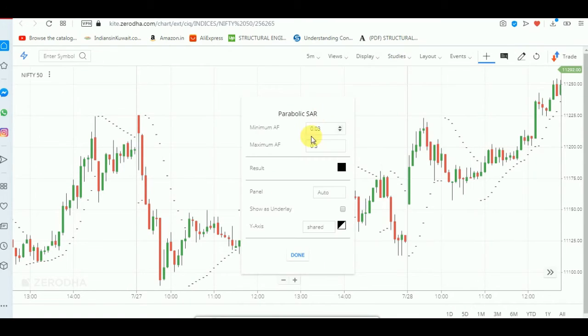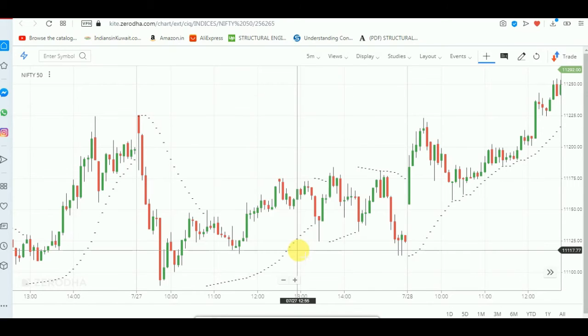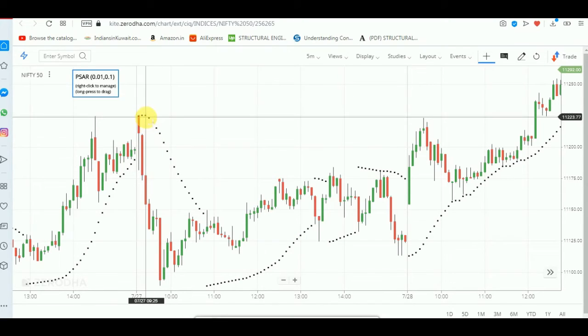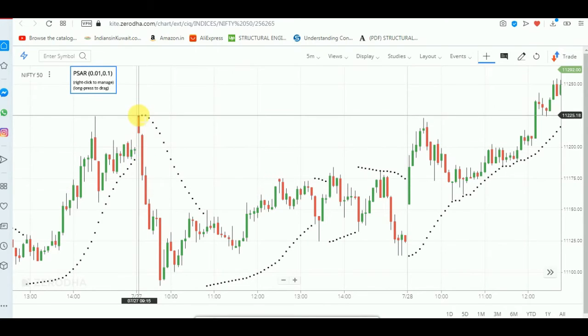So let us reduce the values here. Earlier it was 0.02 and I am making it 0.01, and here earlier it was 0.02 and now I am making it 0.01. So here you can see, right? Now it is showing correctly how it is moving.